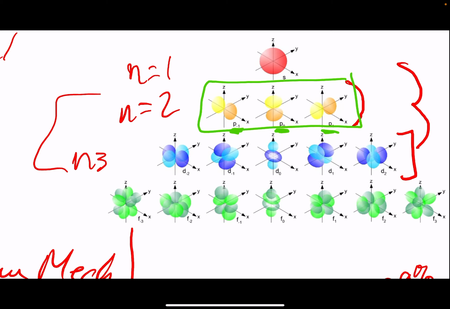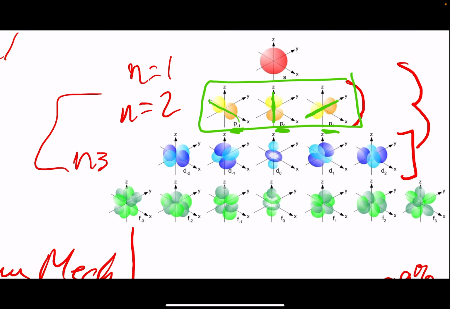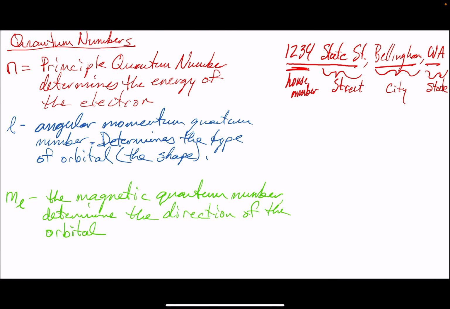In one case, it lies along the x dimension. In another case, it lies along the z dimension. In the last case, it lies along the y dimension. And so this is where we take advantage and specify which direction the orbital is oriented. And the magnetic quantum number m sub l specifies for that option.